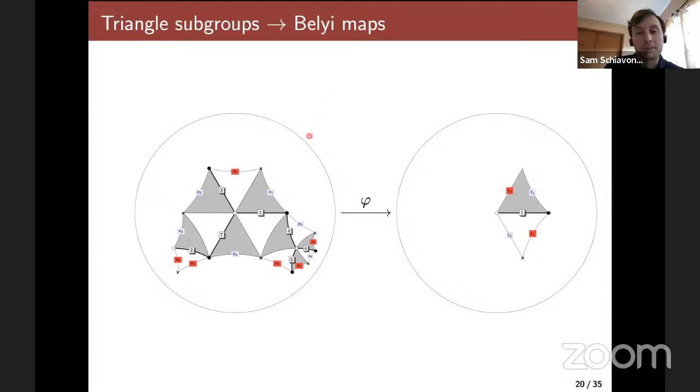So the map phi here, that goes from H mod gamma to H mod delta. So say I had a point right here inside the fundamental domain. So all the map is going to do is, you can see we have these translates labeled by 1, 2, 3, 4, 5, 6, 7. It's just going to move this point into the corresponding point of the translate labeled 1.